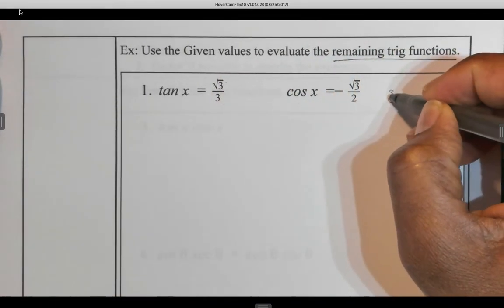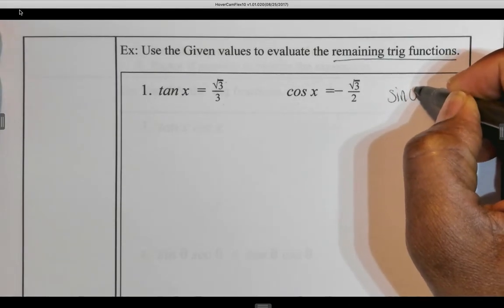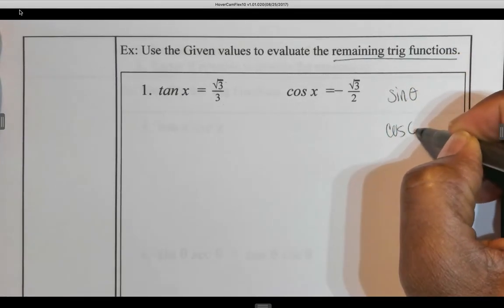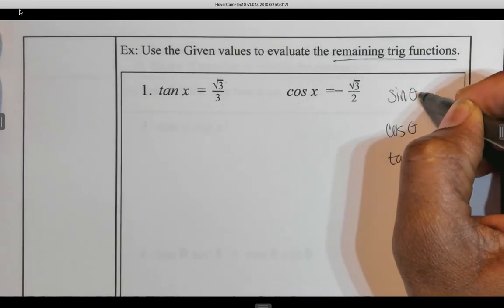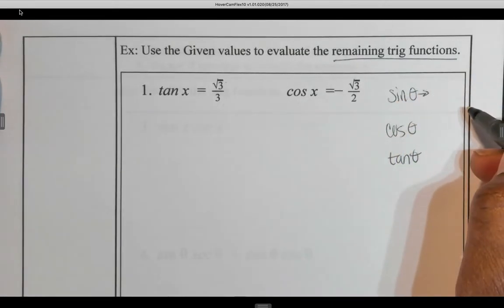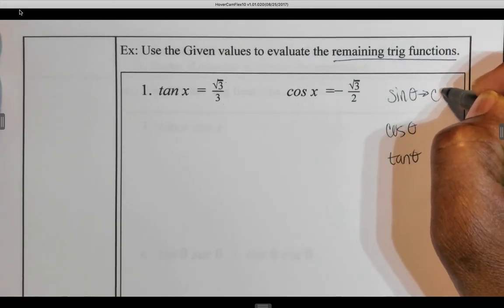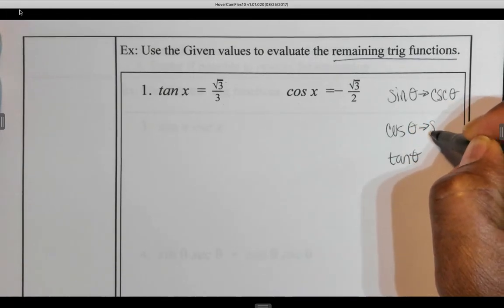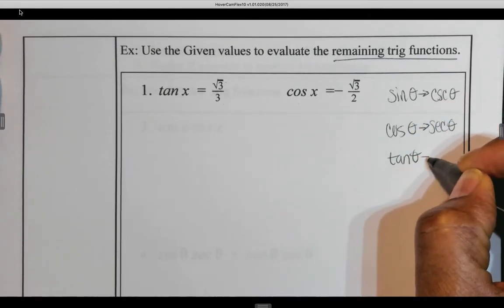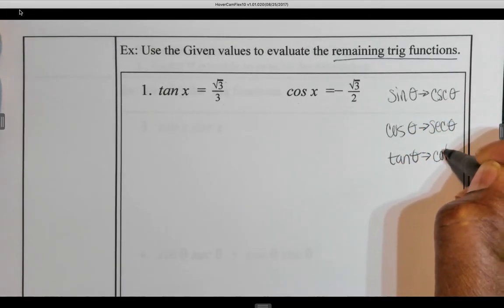So we know the basic trig functions, sine, cosine, and tangent. And then we also know that if I know sine, I can find its reciprocal, which is cosecant. Same thing with cosine. If I know cosine, I can find secant, its reciprocal. And then with tangent, I can find cotangent.